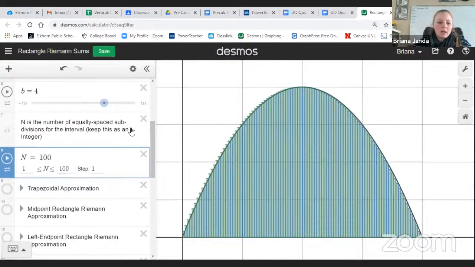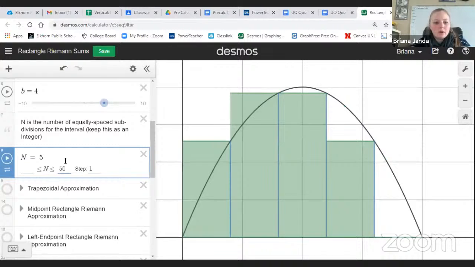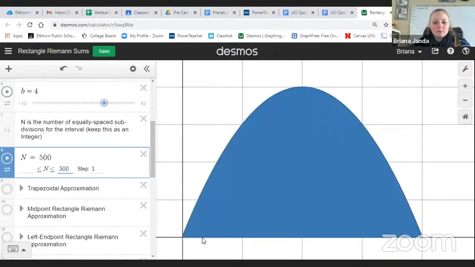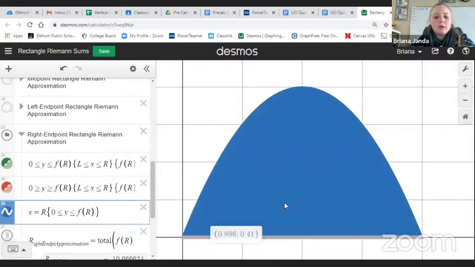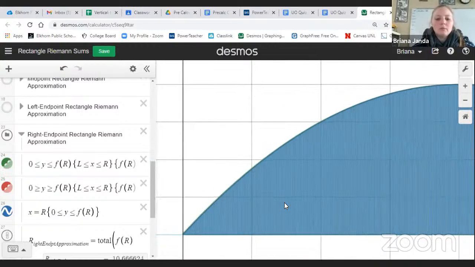Now on your calculator, the very last one I asked you to do would have taken forever to actually show up. And it kind of looks like it really just fills in the picture here. But if you zoom in, which I'm not sure if my computer will let me do here, let me see if it'll zoom in. Nope. There we go.